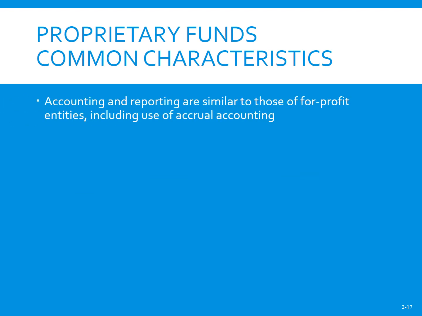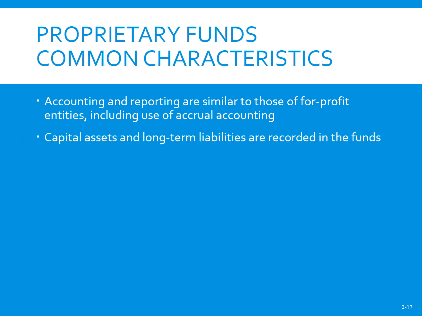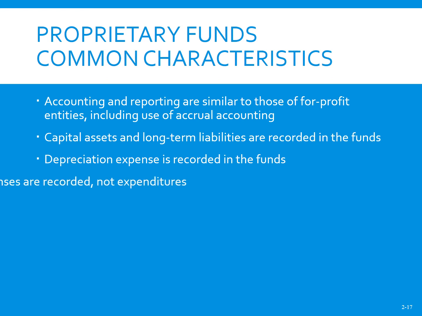Common characteristics that are similar to for-profit entities include that they use the accrual basis of accounting. They also record capital assets and long-term liabilities, and depreciation expense. They're very similar in all these ways to what you're used to on the for-profit side.